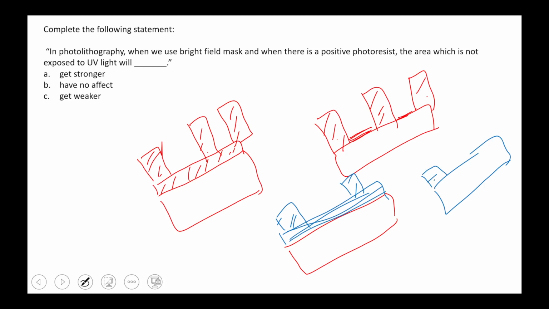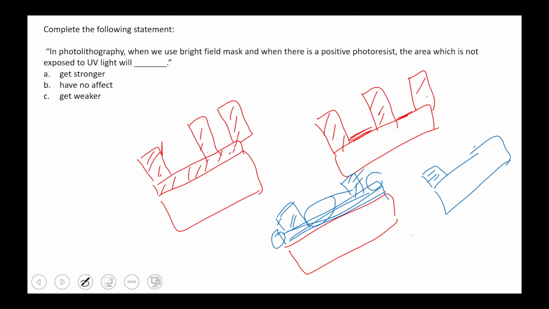These are the remaining portions in the negative photoresist, and this will be removed in the case of negative.